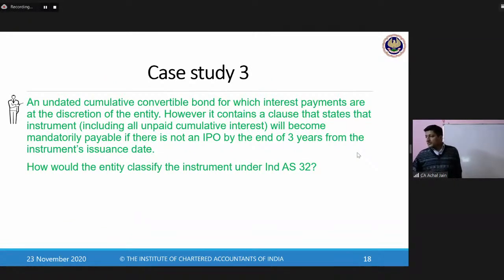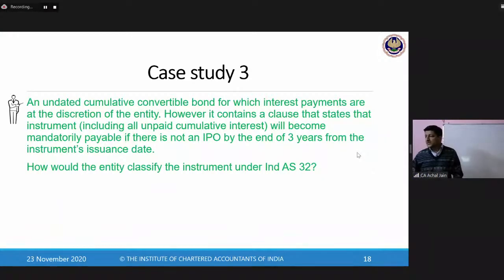Okay, great. Chavi is saying that it has to be equity because it's within the control of the entity. Guru Raja is saying that it has to be equity because the IPO is under the control of the entity. Pujita is saying no IPO, then financial liability, else it would be equity, thus it's a contingent settlement provision.